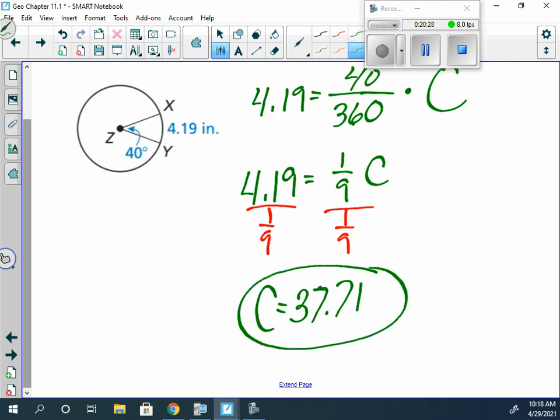And we get 37.71, and if we put our units, it would be inches. 37.71 inches. And that's all we need to do for this here. Any questions on this here? Any questions over anything we've done thus far?